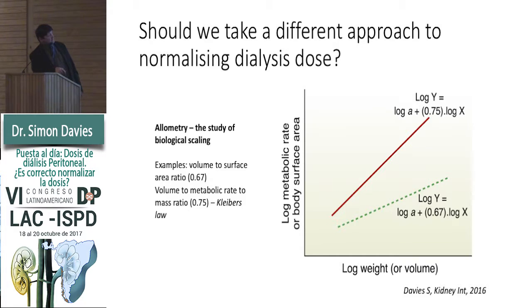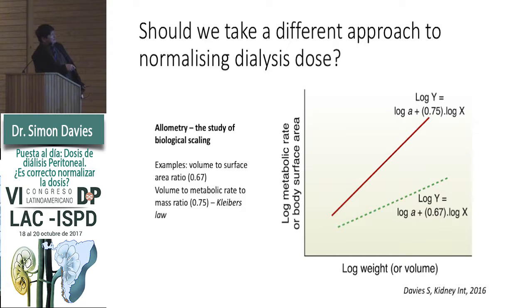The reason the relationship looks like this, a log relationship with a power of 0.67, is simply that volume to surface area ratios are not equal according to the size of an individual. So as a person gets bigger, the relationship of their volume to their surface area changes, and that leads to this line here.